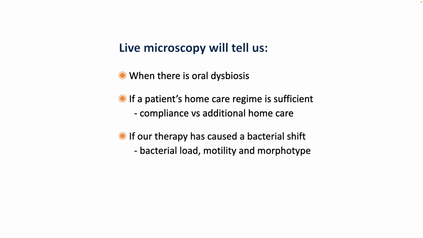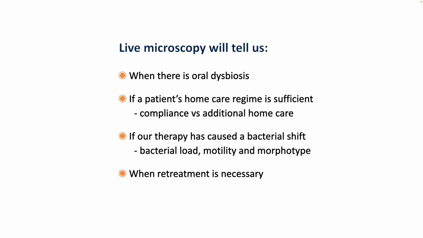It tells us if our therapy is enough to cause a bacterial shift, whether we've reduced the bacterial load or the motility or the morphotype that's there. And it also allows us to decide when retreatment is necessary.